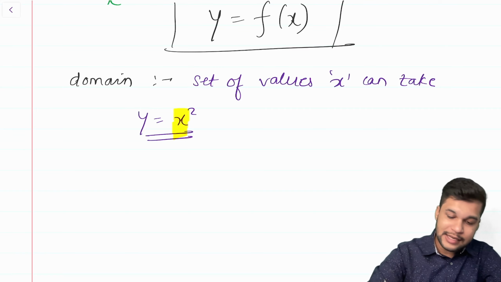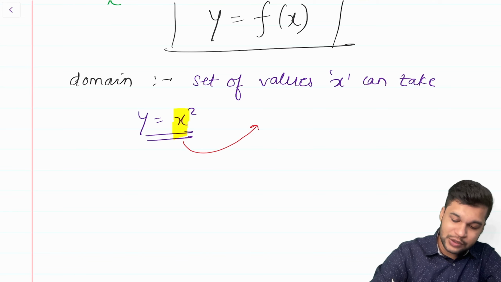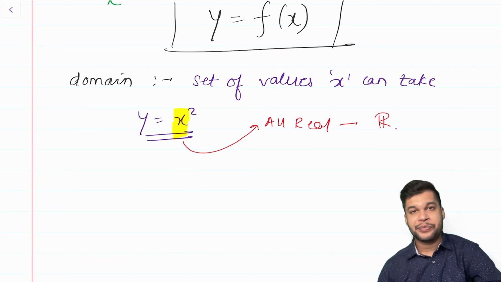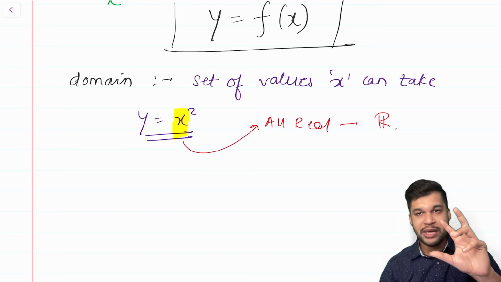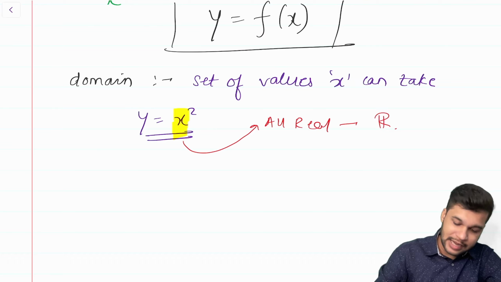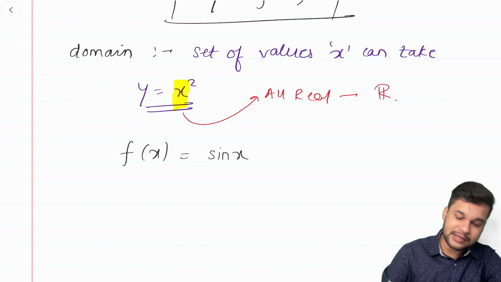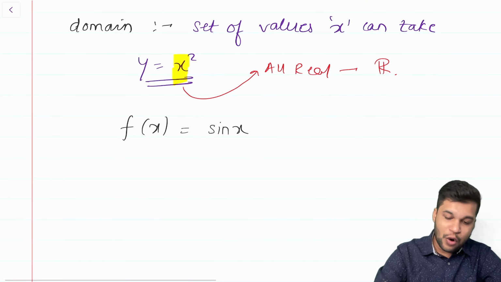So you can say that the domain here is all real, also represented by R. So the domain is the set of values that X can take. Let me give you one more example. Let's say f(x) = sin x. Now, what all values are allowed for x?